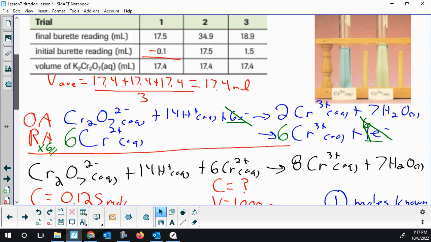Chromium 2 is your first test tube, and it's more of a bluish green color. And when that reactant runs away, is used up, you're not going to see the blue, and you're just going to see a yellowy type color with the 3+. So in this titration, you would stop when all the blue is gone and it's turned to a yellow.